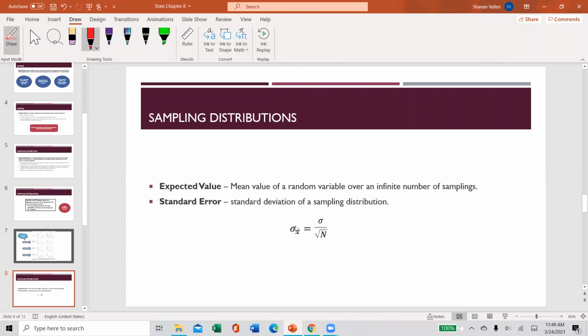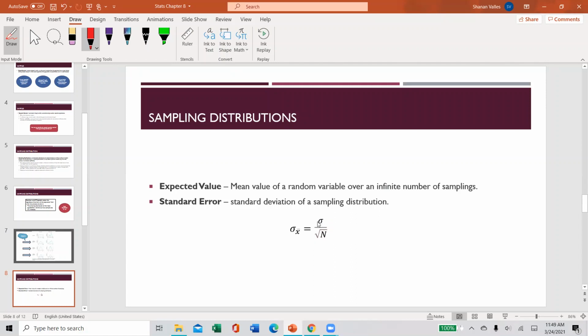So the standard error, and what this is saying, if you look at this, we know this is standard deviation, this symbol right here. And then this one is the mean, right? So it's saying the standard deviation of the mean, okay? So it's really simple to figure out.